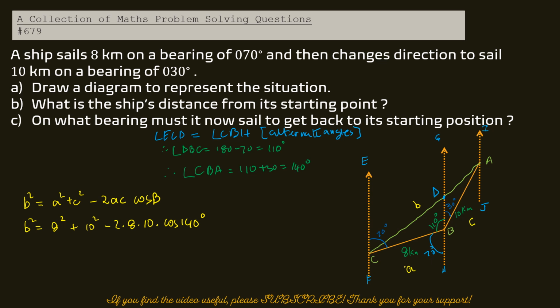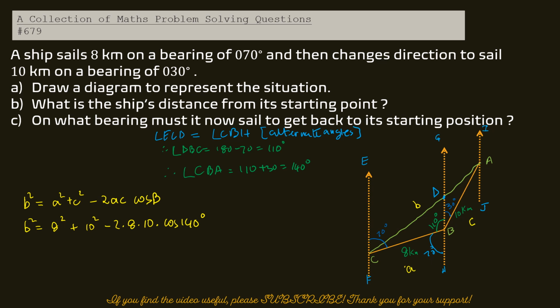So that is 64 plus 100, that's 164, minus 2 times 8, 16, 160, multiplied by cos of 140 degrees, and that equals 286.567.